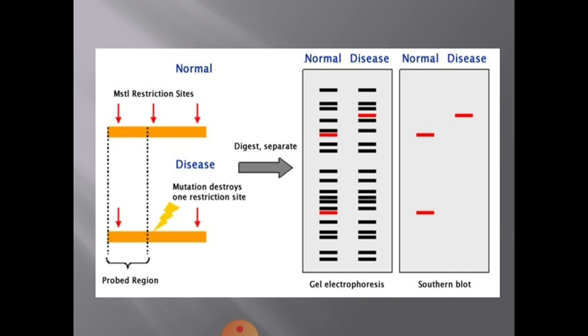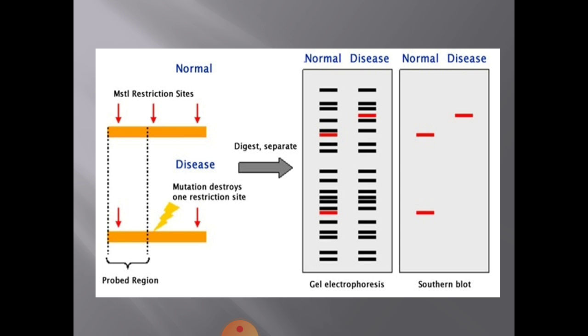Now you can see this slide. Here is the DNA piece with restriction sites for MstII, and then this is another piece. This DNA is from a normal person, preferably from the same family.